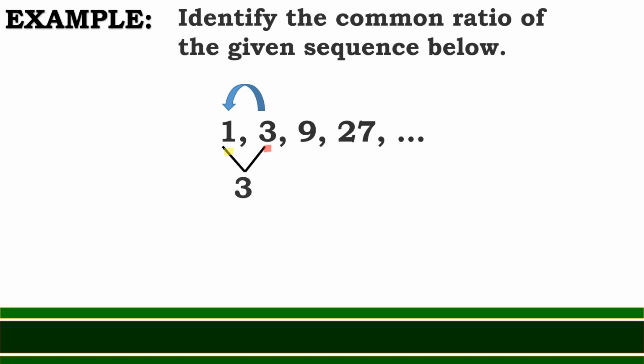3. Okay. Next naman, let's say yung succeeding term natin ay 9. 9 divided by 3 will give you also 3. And yung 27 naman, divide natin kay 9, will give you also 3.